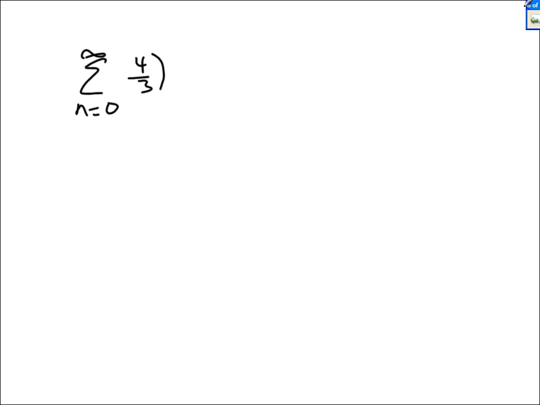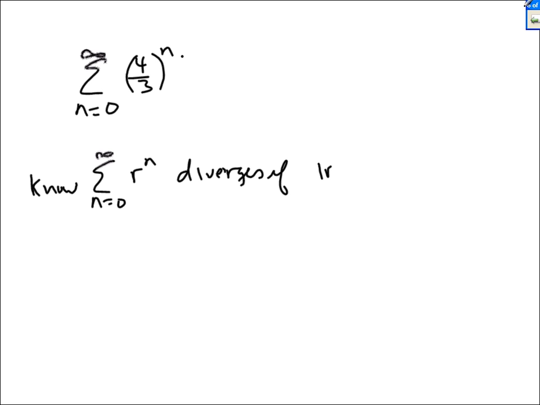Well, the summation of 4/3 to the n as n goes from 0 to infinity. We know that this diverges if the absolute value of r is bigger than 1. This statement means r is bigger than 1 or r is less than negative 1.